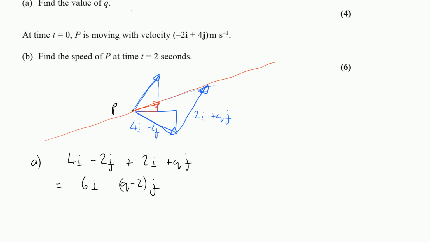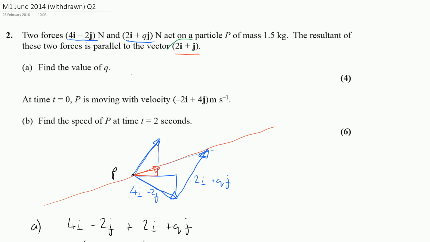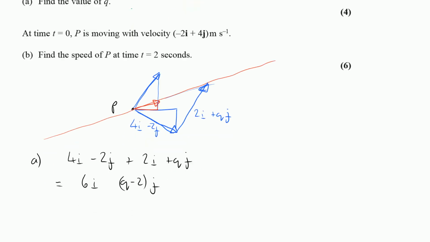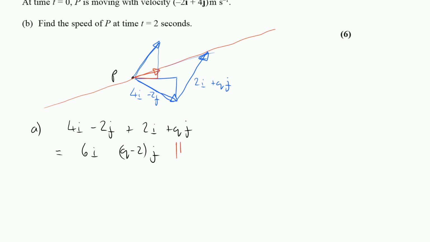And what do I know? Well, I know that it's parallel to this vector, which we had out here in red. And if this is going to be parallel to the vector 2i plus j, it means that there's some scalar multiple. So this vector here is just some scalar multiple of 2i plus j.